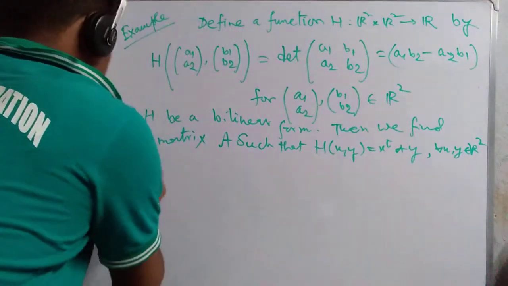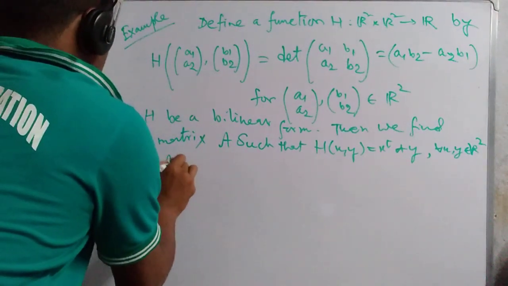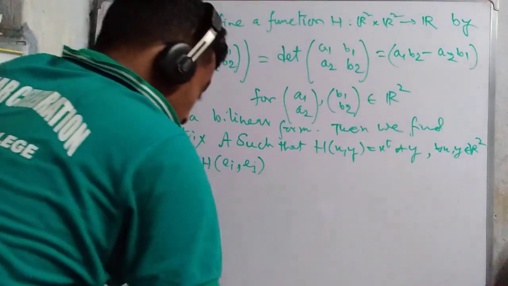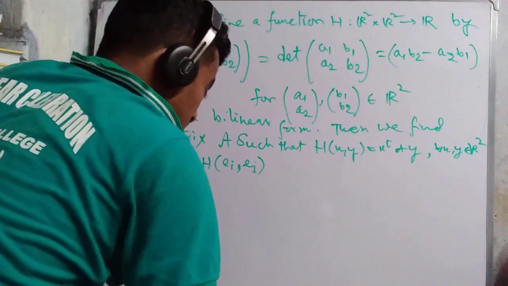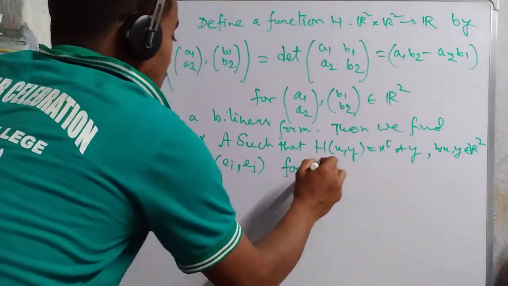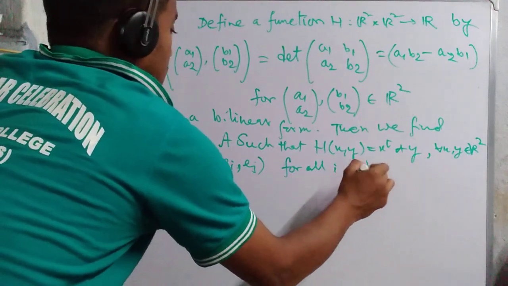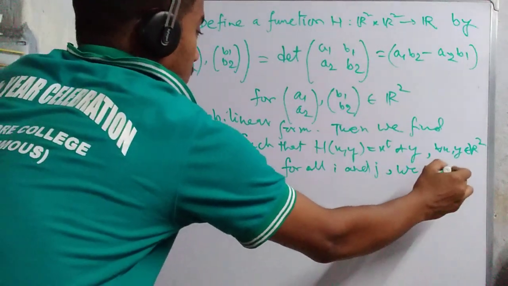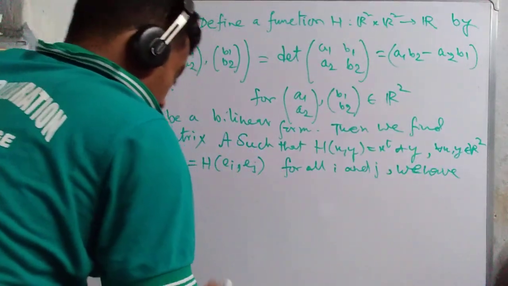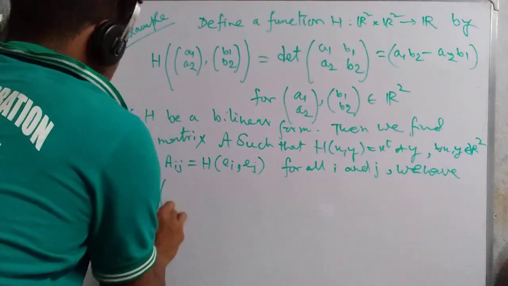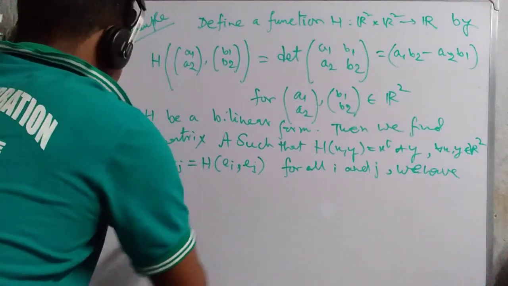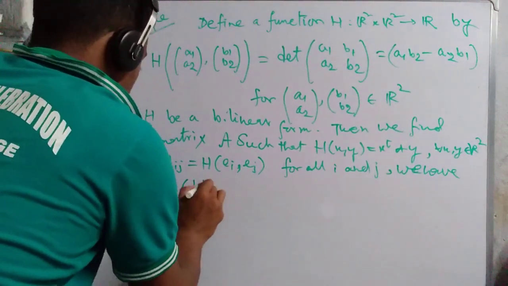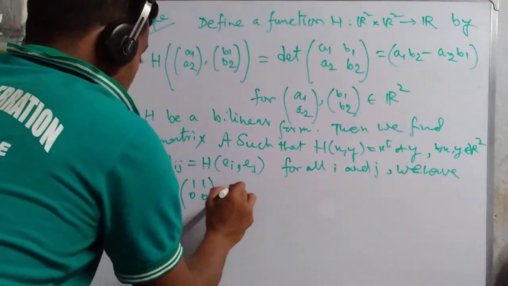Okay, since a_ij equals h of e_i, e_j for all i and j, we have a11 equal to det of (1,0),(1,0), which equals 0.